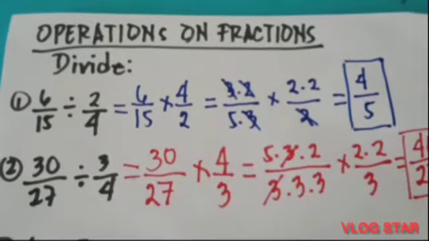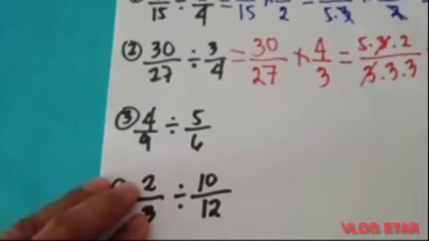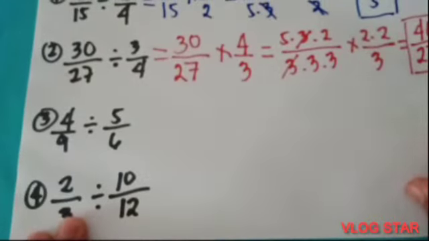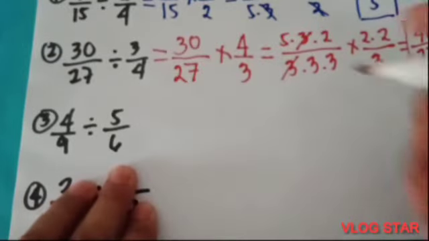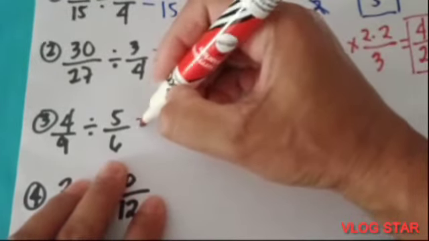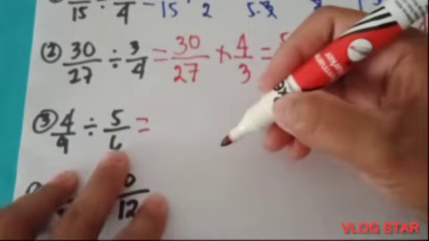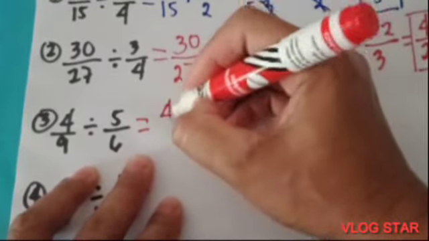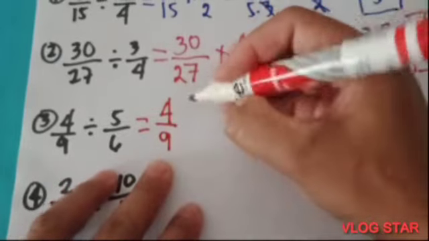Let us take example number 3. Sa example number 3 ay mayroon tayong 4/9 divided by 5/6. So, kopyahin muna ulit natin si 4/9.